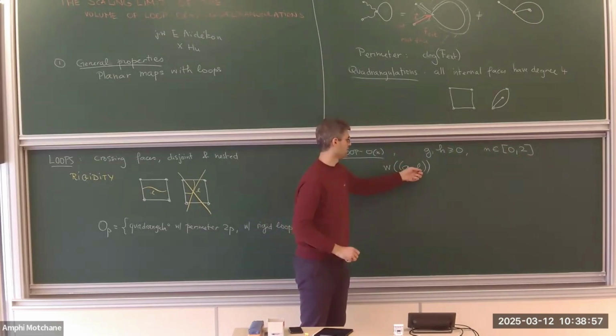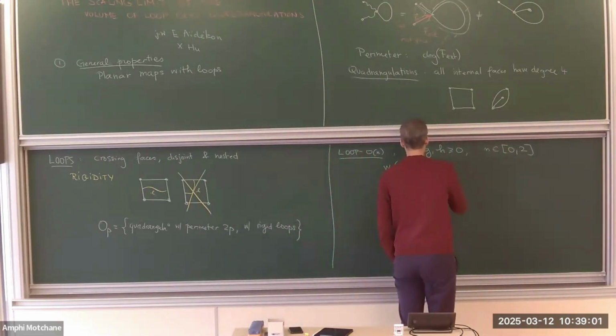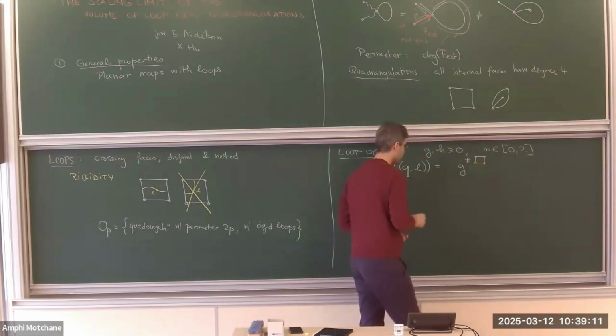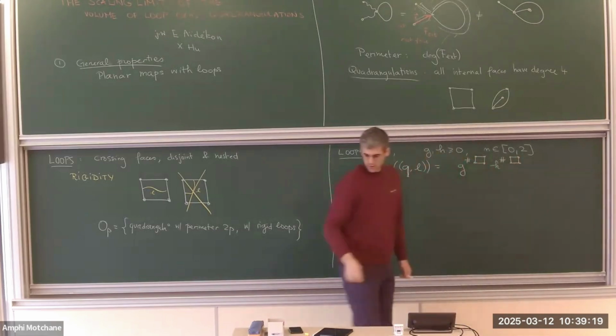Here is the quadrangulation, and this is the collection of loops. The weight of this is just going to be g to the number of empty faces, times h to the number of faces that are crossed by a loop.